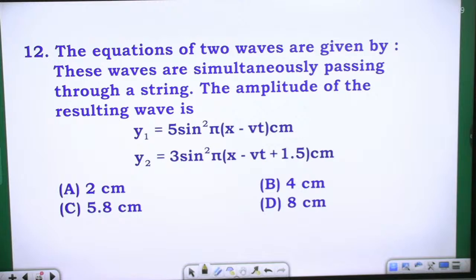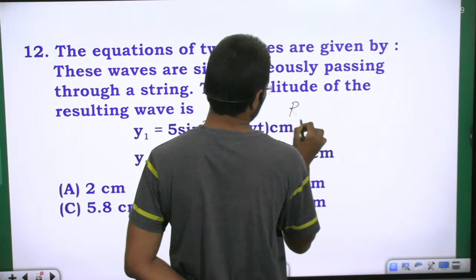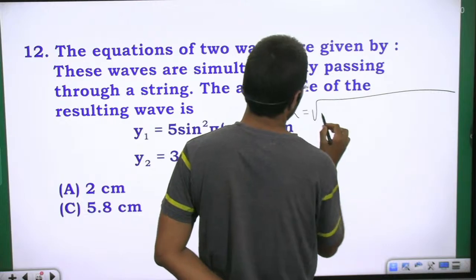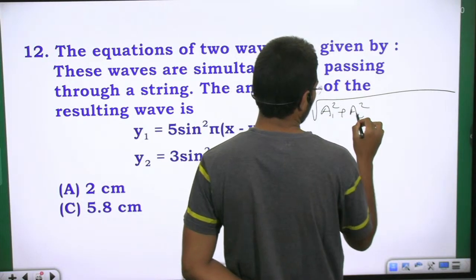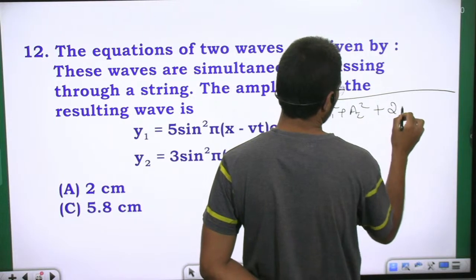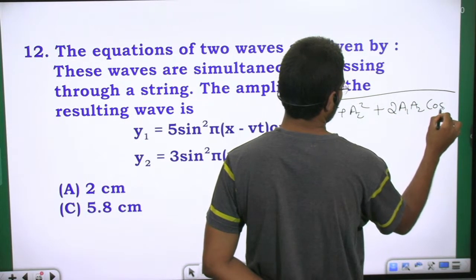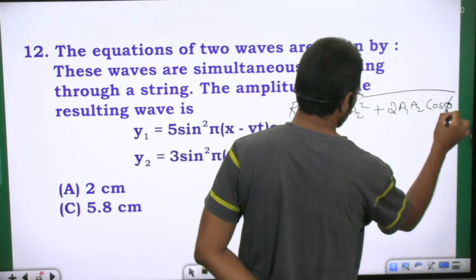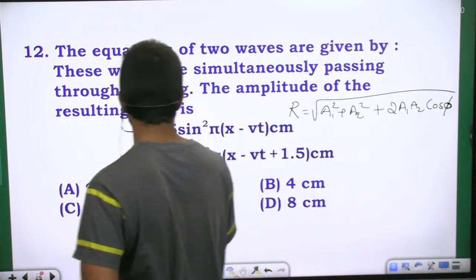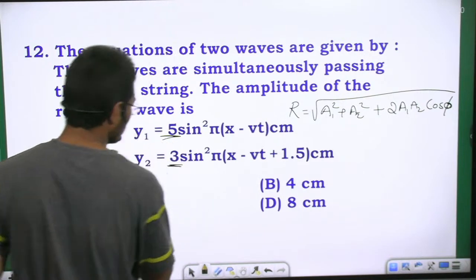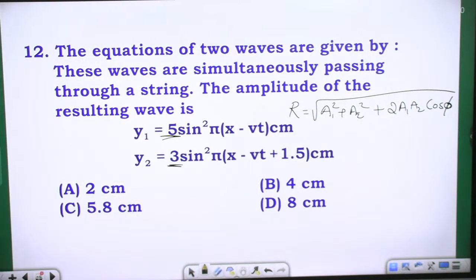Generally the resultant amplitude has the formula: under root of a1 square plus a2 square plus 2 a1 a2 cos phi, where phi is the phase difference. We know a1 and a2 from the standard equation. So how do you find this cos phi?